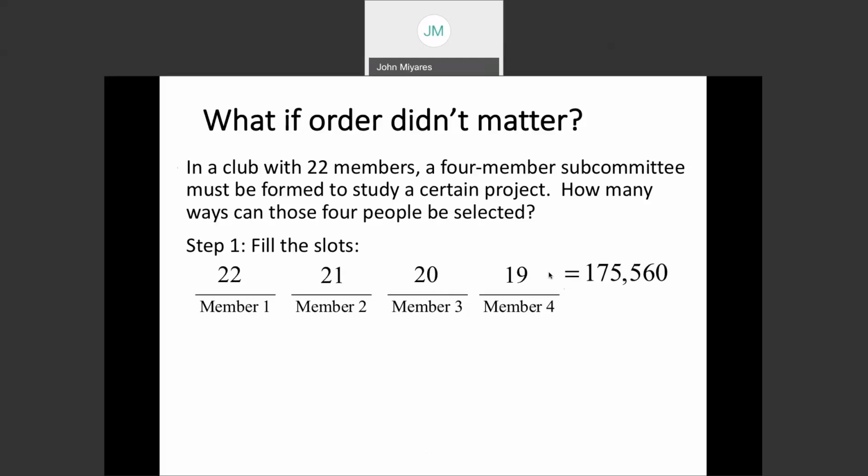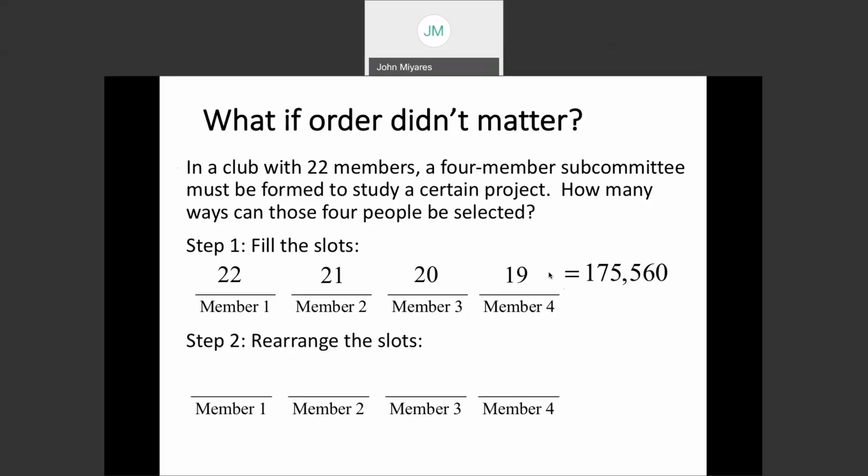The next step is to figure out how many ways those 4 people can be selected and then be switched among each other to still be the same group. For that, we're going to set up 4 new slots. The first slot can be any of the 4 people that have already been selected.